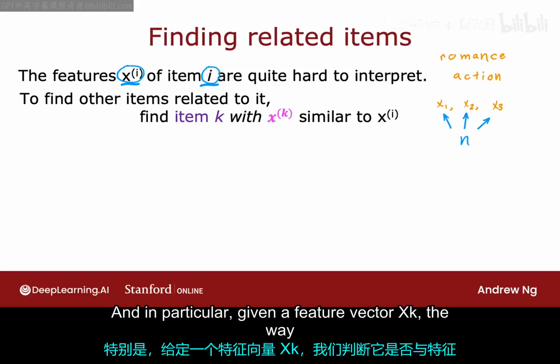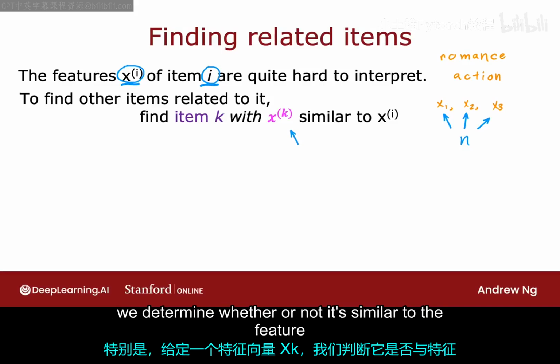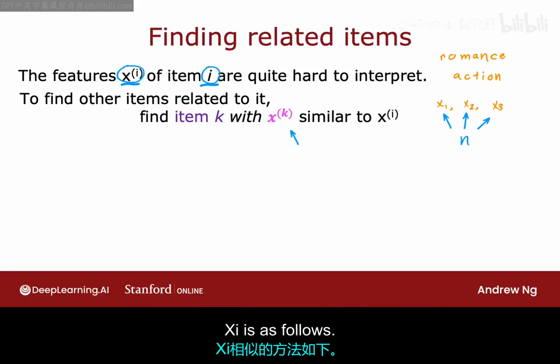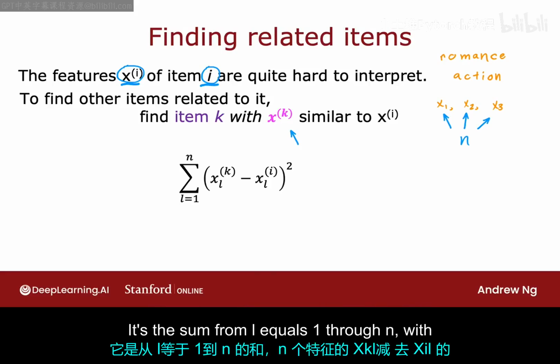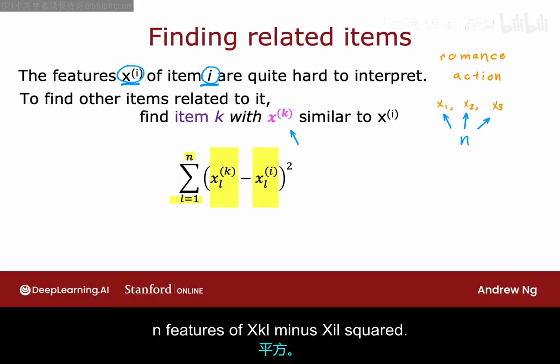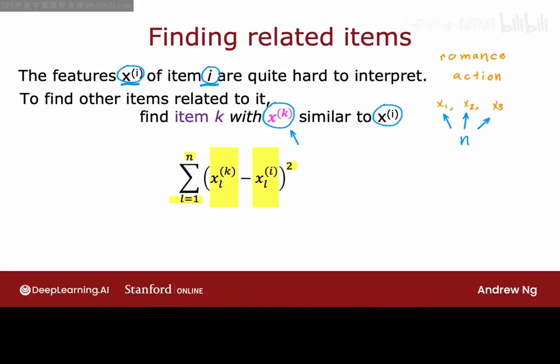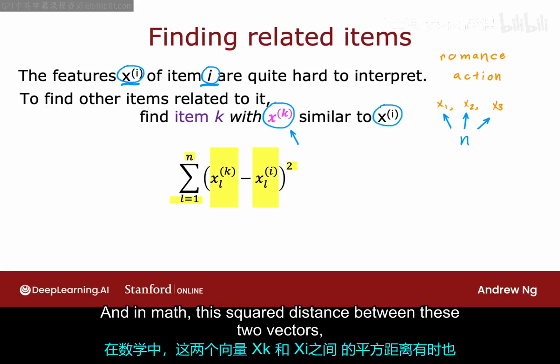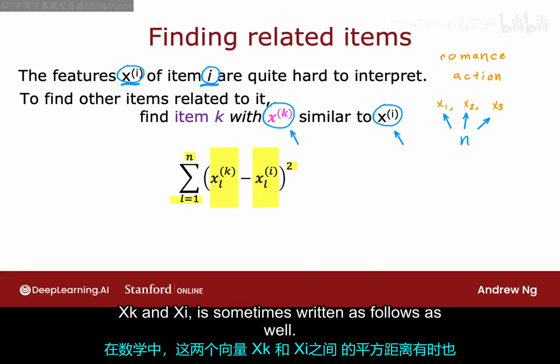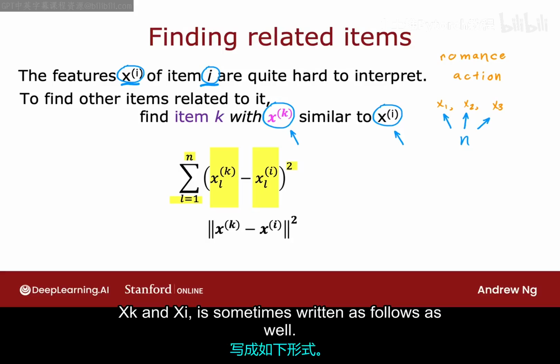In particular, given a feature vector xk, the way we determine whether or not it's similar to xi is as follows: the sum from l equals 1 through n, with n features, of xk^l minus xi^l, squared. This turns out to be the squared distance between xk and xi, and in math, this squared distance between these two vectors, xk and xi, is sometimes written as follows as well.